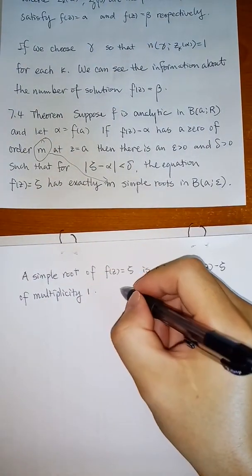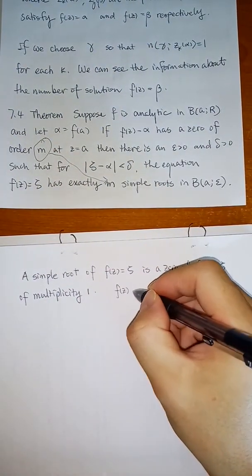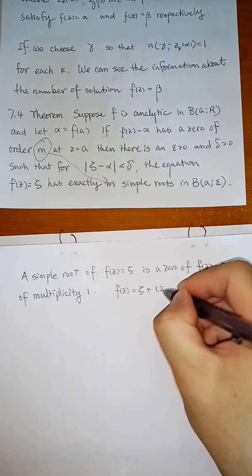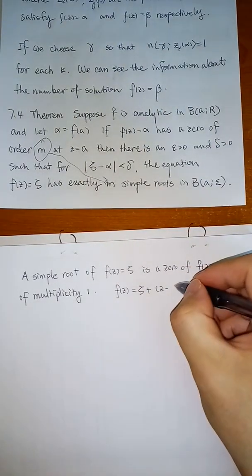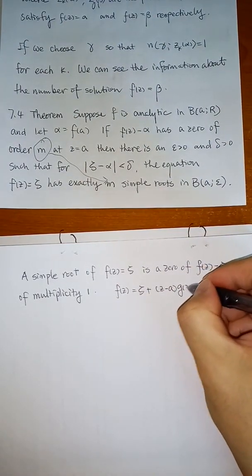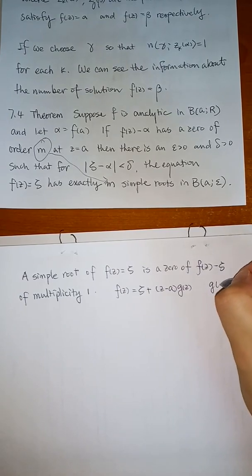In other words, f(z) is eta plus (z minus a) times g(z), where g(a) is not equal to 0.